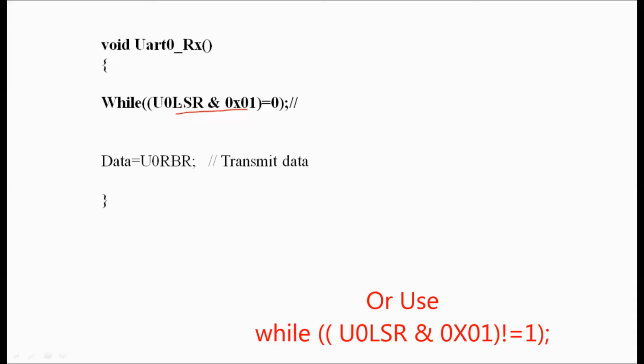So for that this LSR is ANDed with 0x01, and if it is 0, then it is continuously executing this. Otherwise it will store this received data in the data variable, and that you can read afterwards. So this is the reception program.